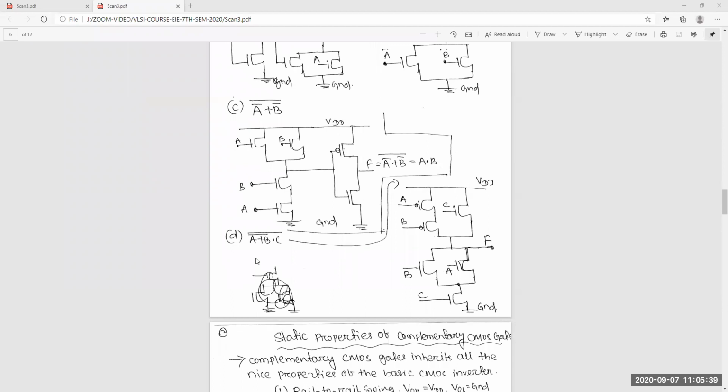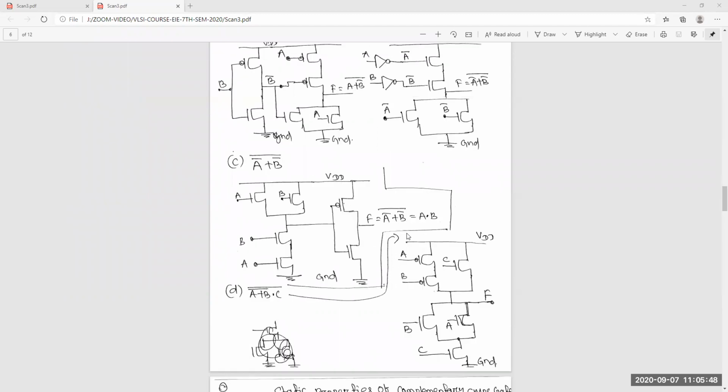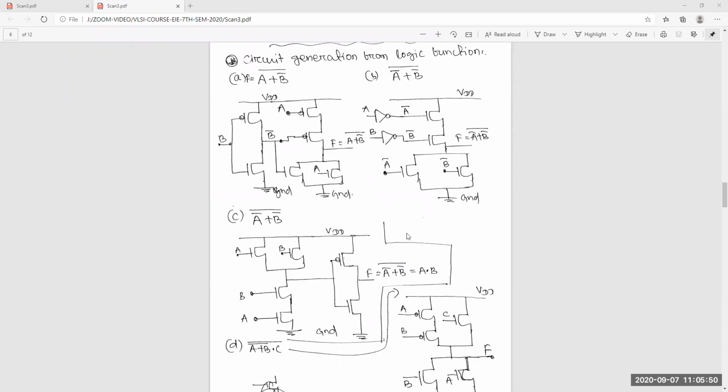So again, this is a plus b bar dot c. I already said, in this way. Sir, how will we verify in the output that we are getting the same output as in the Boolean expression?